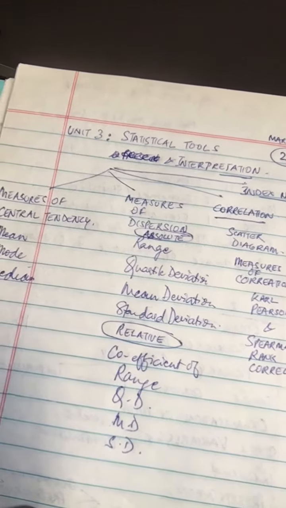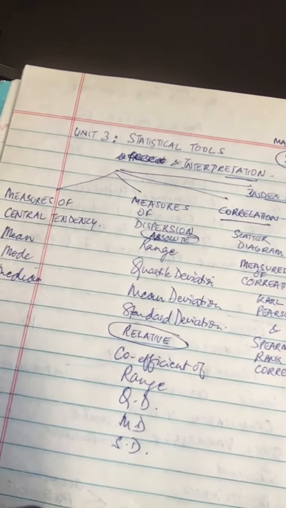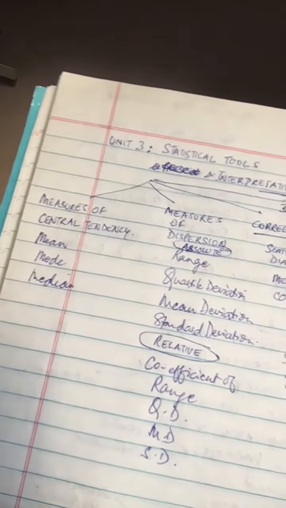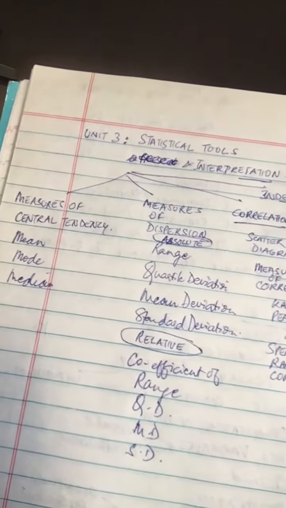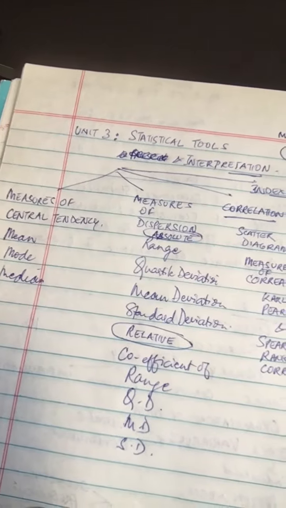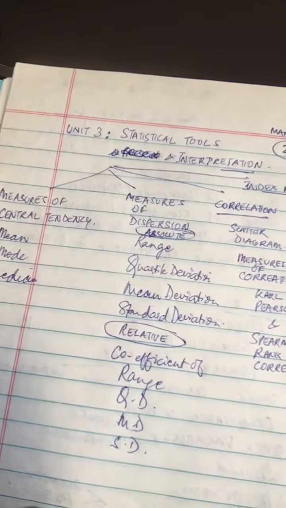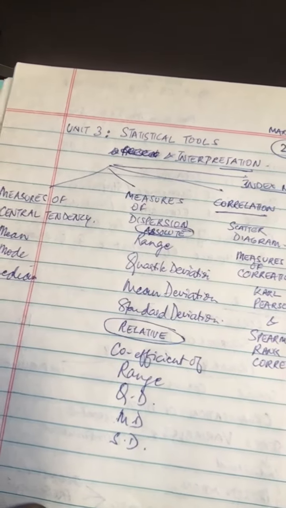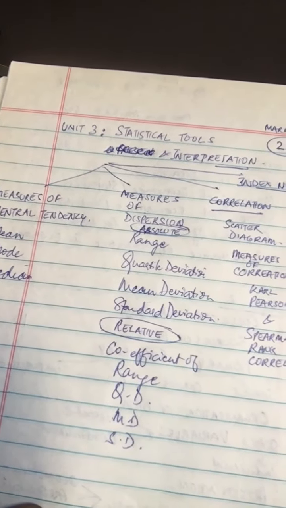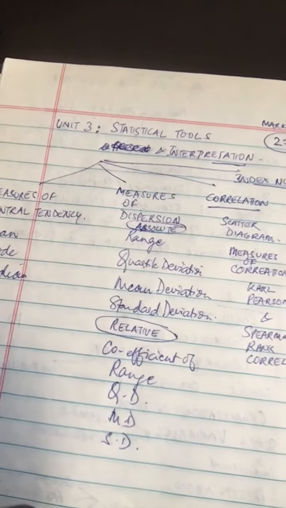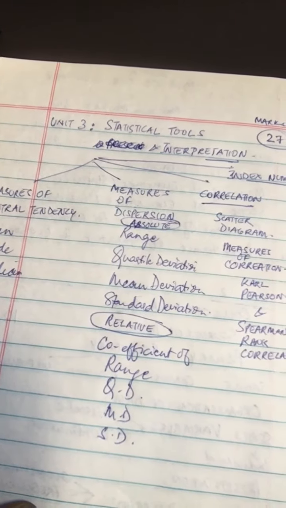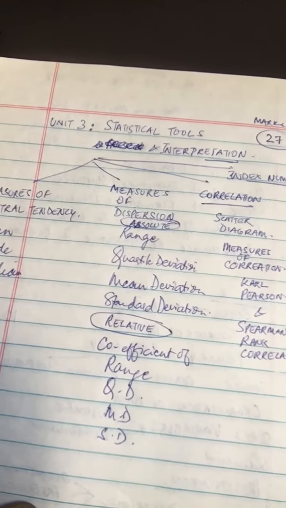Then we talk about the Lorenz curve, which shows how much the dispersion is, a geometric tool that we have in our hands. And then we have correlation, which we're going to study with the help of scatter diagrams.